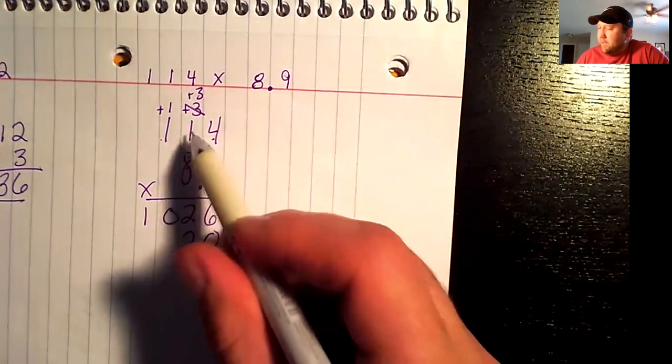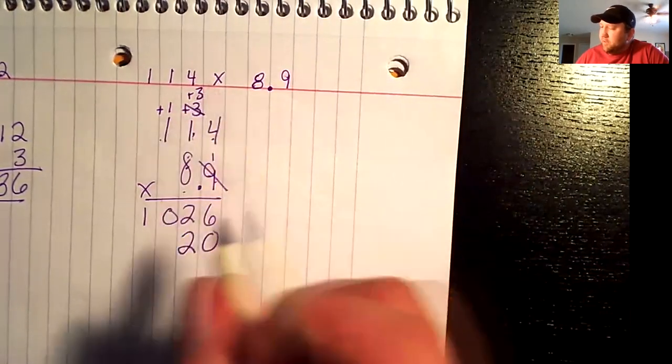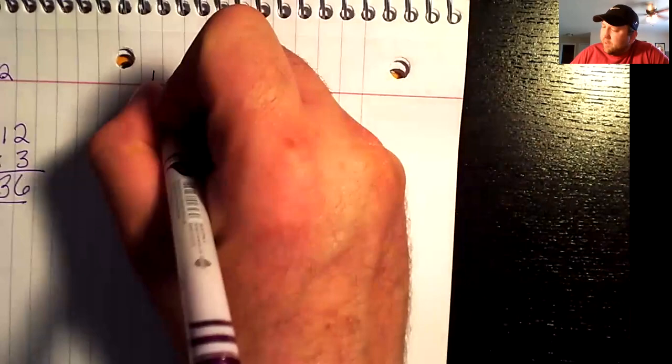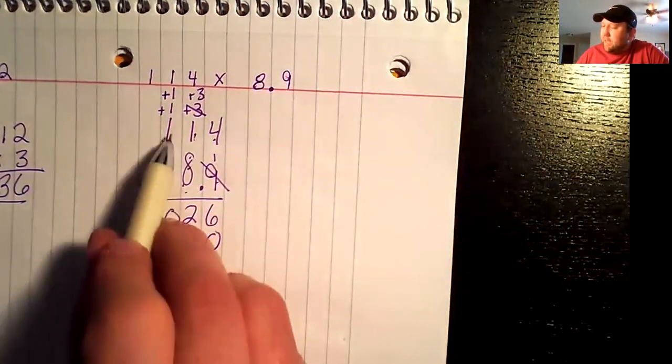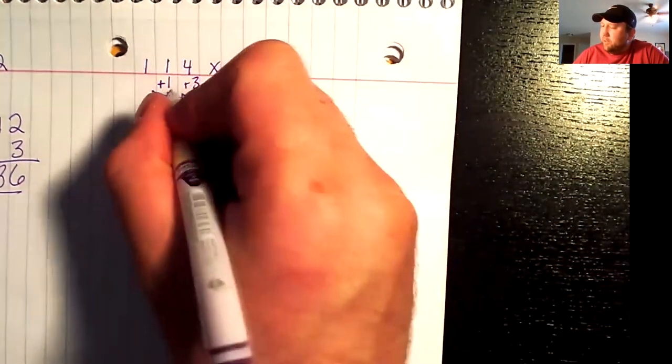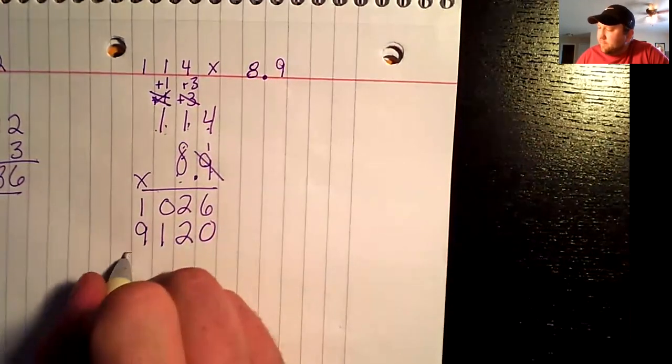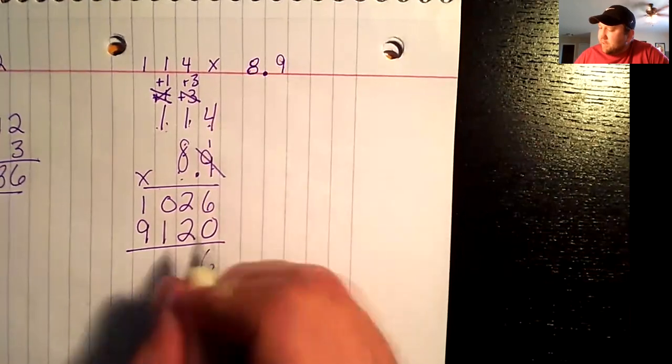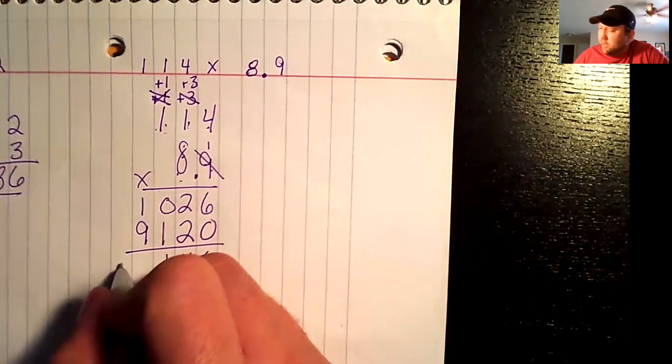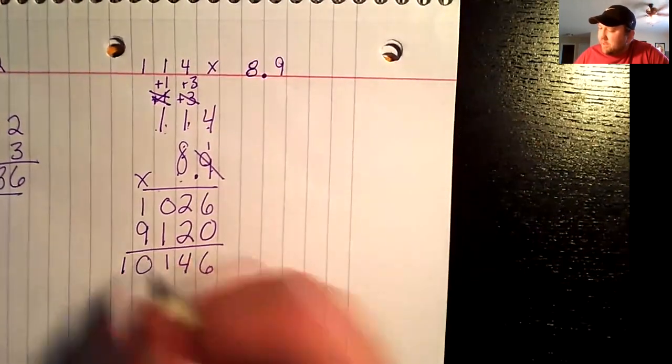We have 8 times 1, which is 8, plus 3 more, which is 11. Carry my 1. 8 times 1, sorry, let me mark that out, is 8, plus 1 more makes 9. 6, 4, 1, and then 9 plus 1 is 10.